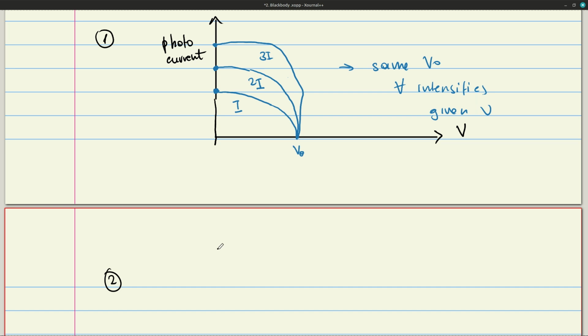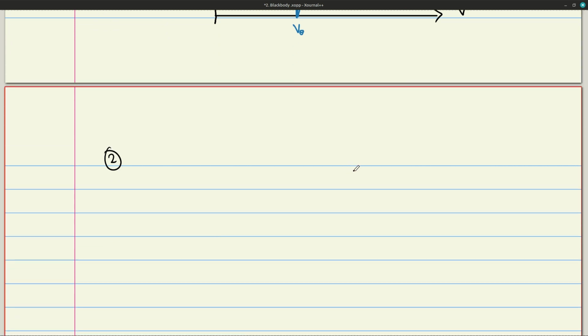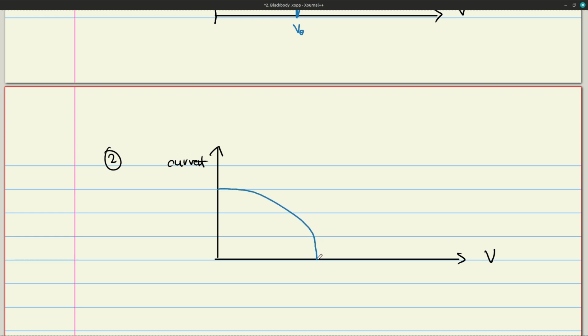Again, this is photocurrent, this is current, and this is V, applied voltage. And I apply, I don't know, some frequency, and I have some V naught.